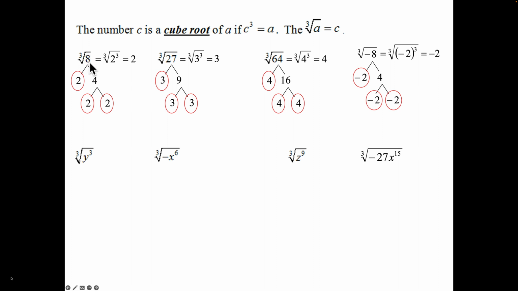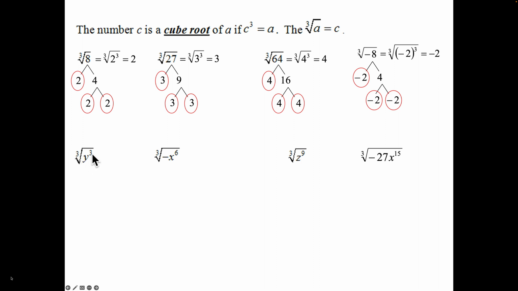So the cube root of a positive number is positive. The cube root of a negative number is always negative. So any odd root can be done for a positive or a negative value. So cube roots, you do not have to worry about absolute values. Remember, that's only an even root rule.